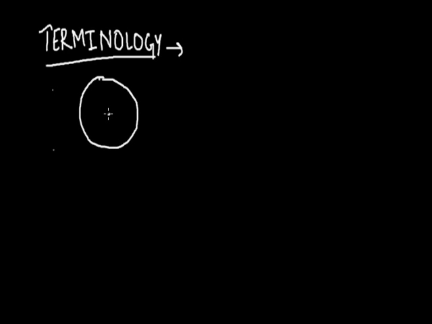And as in 2D, two-dimensional geometry, you have the circle, which is defined as the locus of a point which remains at a constant distance from a fixed point in a 2D space.